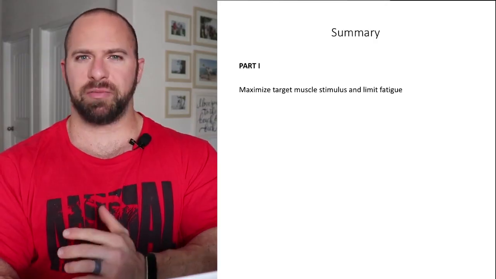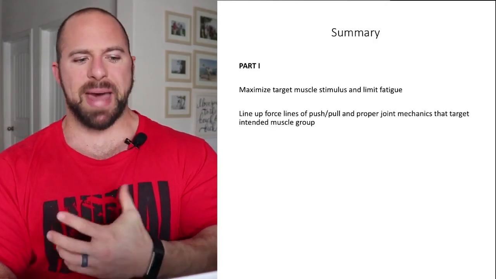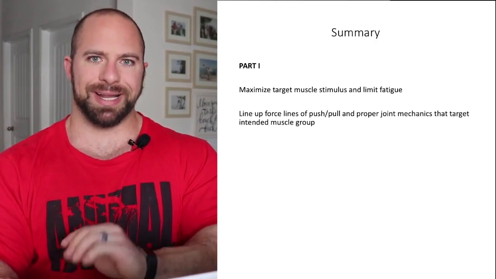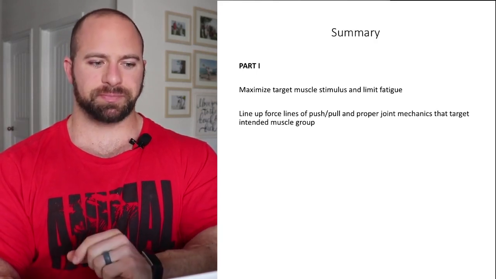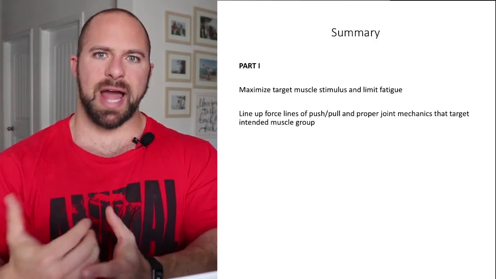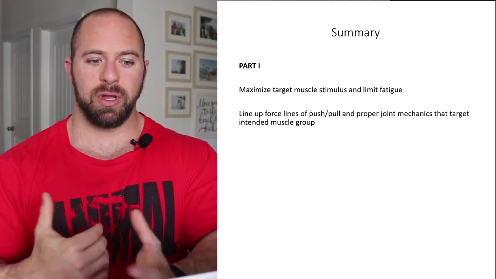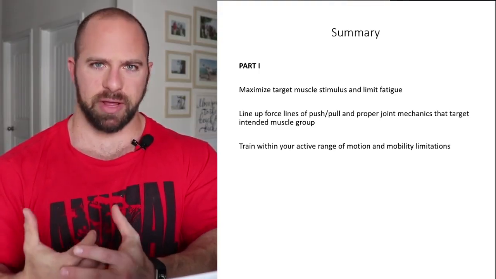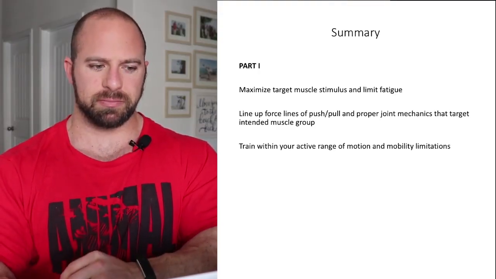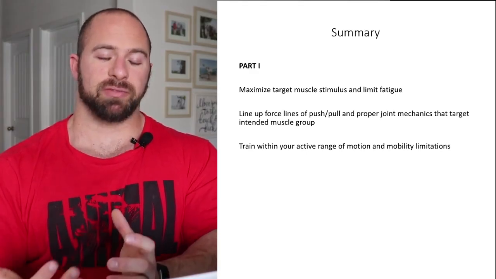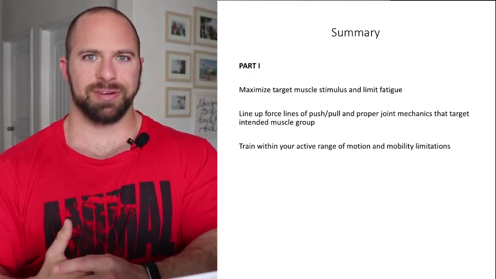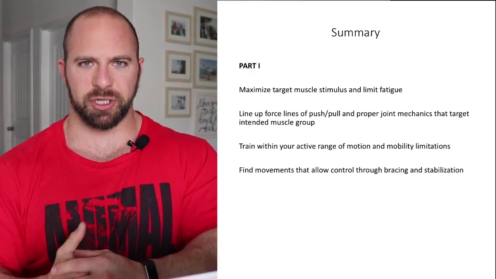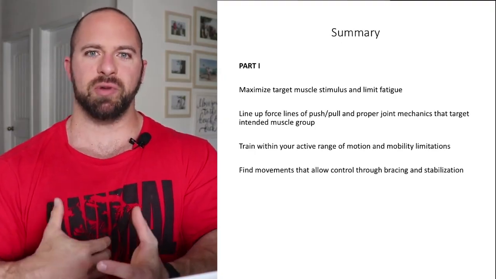So the summary of part one. We want to maximize target muscle stimulus and limit the fatigue in movements. We want to line up the force of push and pull and proper joint mechanics that target the intended muscle group. Train within your active range and your mobility limitations. Don't do movements that force you into that position. Only pick movements that allow you to move naturally.